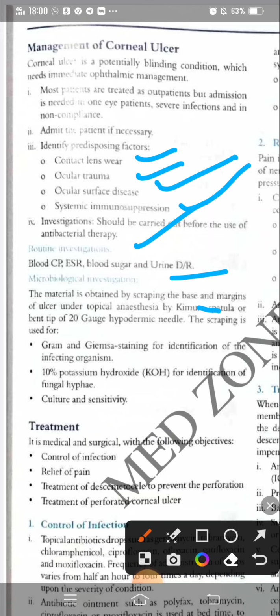Then with that scraping, you would do Gram staining and Giemsa staining for identification of the infecting organism. 10% KOH is used to rule out any fungal hyphae, because you don't know whether it is due to any fungi or any bacteria. Okay, not only on the basis of clinical features will you start treatment, you must rule out all the other possible conditions. Then you would do culture.